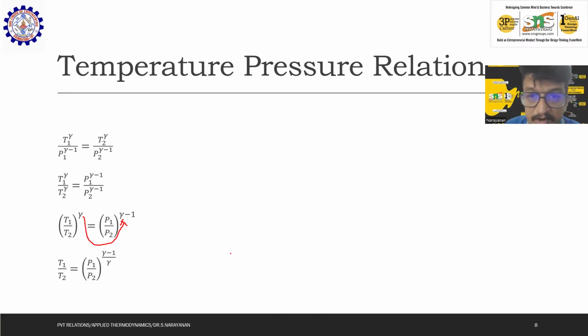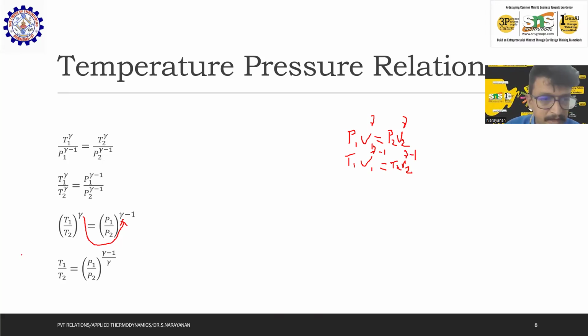So we have the pressure-volume relation, that is P1 V1^gamma equal to P2 V2^gamma. Having this as a base, we have derived the temperature-volume relation, which is T1 V1^(gamma minus 1) equal to T2 V2^(gamma minus 1).